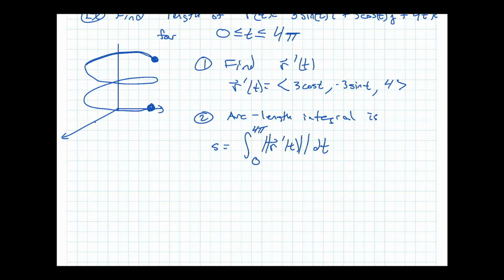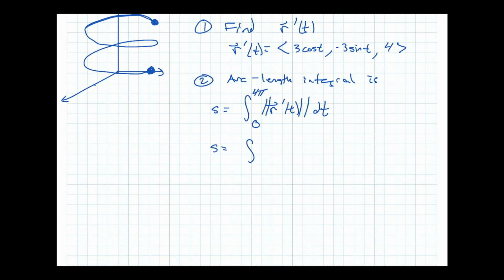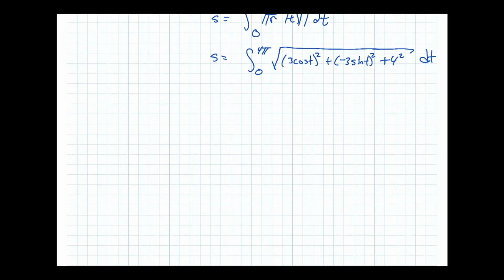And that's why it's nice to remember this notation, just because this is easy to remember, and then you can think about the square roots afterwards. So this is going to be the integral from 0 to 4 pi square root, and then it's this squared, this squared, this squared. So you have 3 cosine t squared plus negative 3 sine t squared plus 4 squared dt. So far, so good.